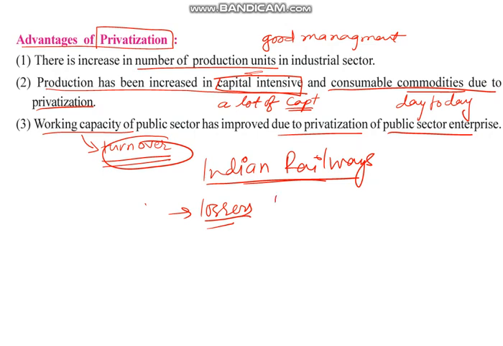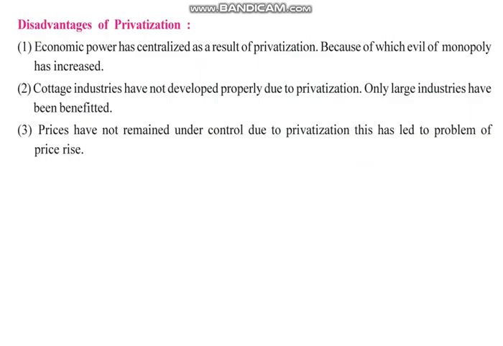But after the implementation of the new economic policy in 1991, a certain part of the railway, not complete, is given to private handling, and due to that now railways are making profit. Now they are a profitable unit for the government.